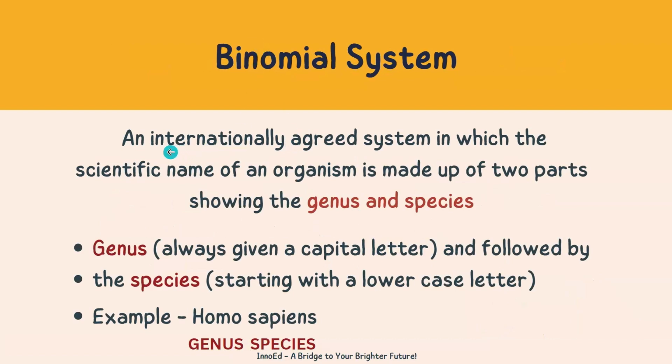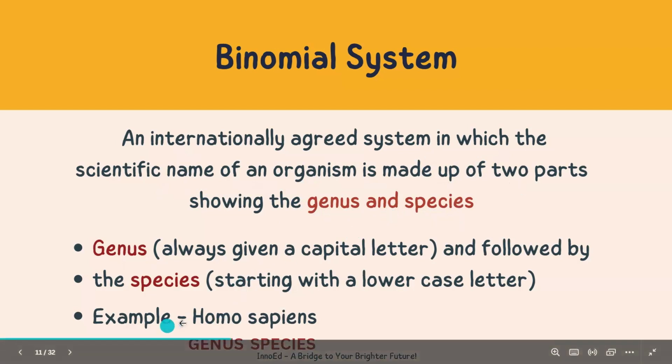So let's read the definition here. An internationally agreed system in which the scientific name of an organism is made out of 2 parts, showing the genus and species. So genus and species combination will give a scientific name for an organism.